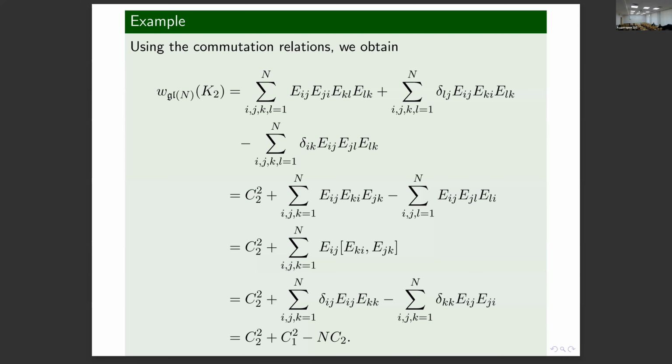Now you get the three elements and the three indices. The first is E_ij E_ki E_jk, and the next is E_ij E_jl E_li. Again the first element is E_ij, so you put the next two elements together. It is the Lie bracket of E_ki and E_jk, and rewriting this Lie bracket you get two terms, and finally you get C2 squared plus C1 minus N C2.